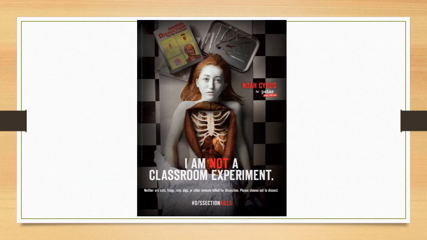Let's consider this example from the PETA ad. PETA is a group of people who are concerned for the ethical treatment of animals, especially those animals who are used in laboratories and in the entertainment industry.